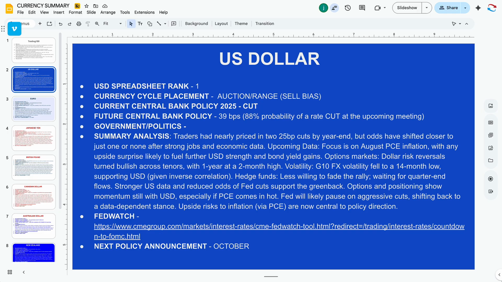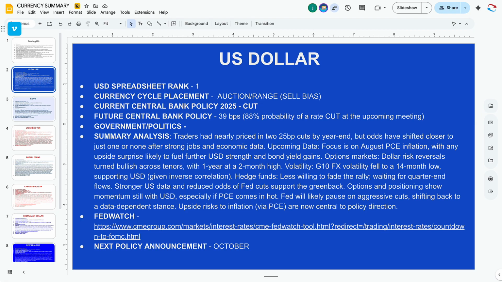But if you have sticky or rising inflation, then what central banks need to do is either hold or hike rates. PCE is a measure of inflation that the Fed uses, as well as things like CPI and wage growth, but it's their preferred measure of inflation.